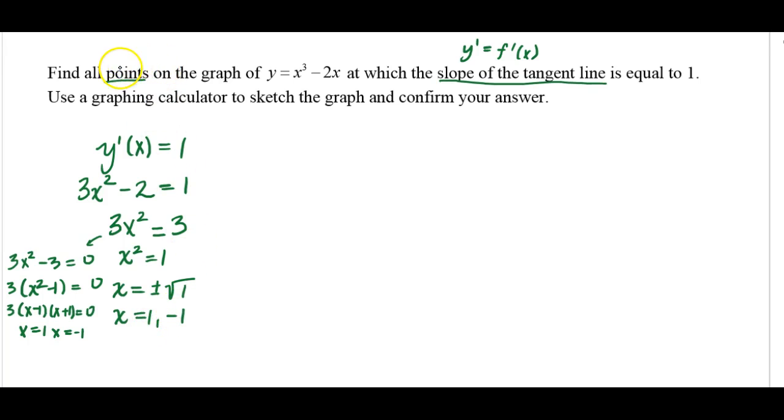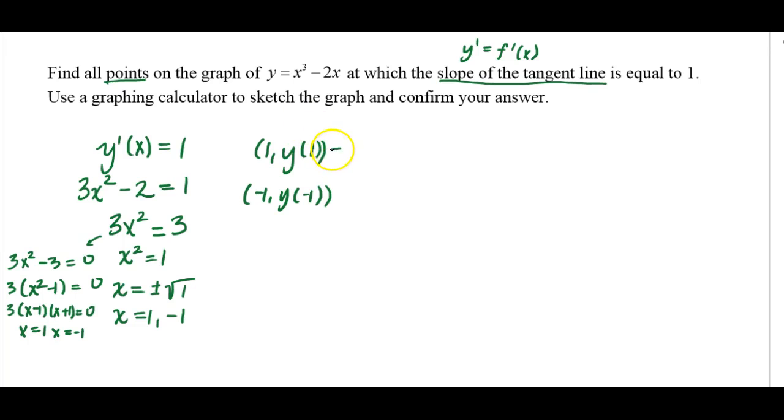But I underlined, as I read, find all points. Points are x and y coordinates. So in order to find the entire coordinate point, I'm going to have to take each x value and plug them into the original function to find the y value. So in other words, I need y of 1, and then y of negative 1.